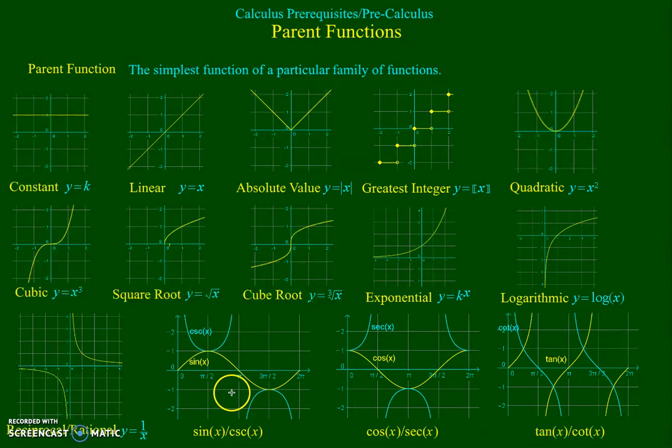You have sine, cosine, tangent, which are the yellow functions, and then cosecant, secant, and cotangent. We're going to be looking at those in great detail when we get into calculus, but you need to be fully comfortable with trig manipulations. We're going to do that in the next part probably. So that's just a general review of the parent functions.